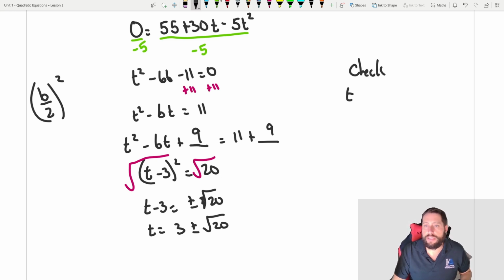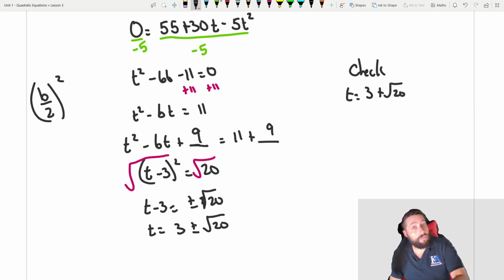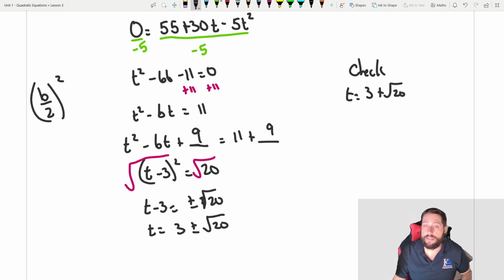Let's check when t is equal to 3 plus the root of 20. Remember to go back to the original equation.